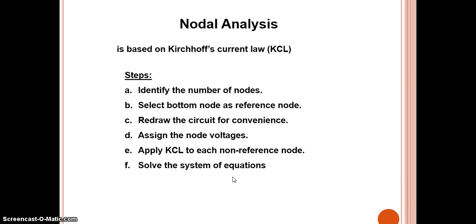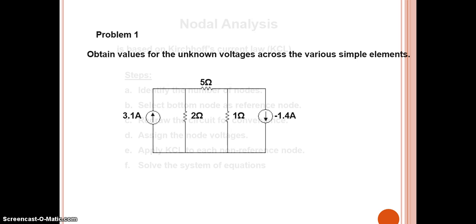So for better understanding, we'll do an example problem. See the problem. You have to obtain the value of unknown voltages across various elements. Here we have 3 resistors and 2 current sources. We need to find the voltage across these elements.